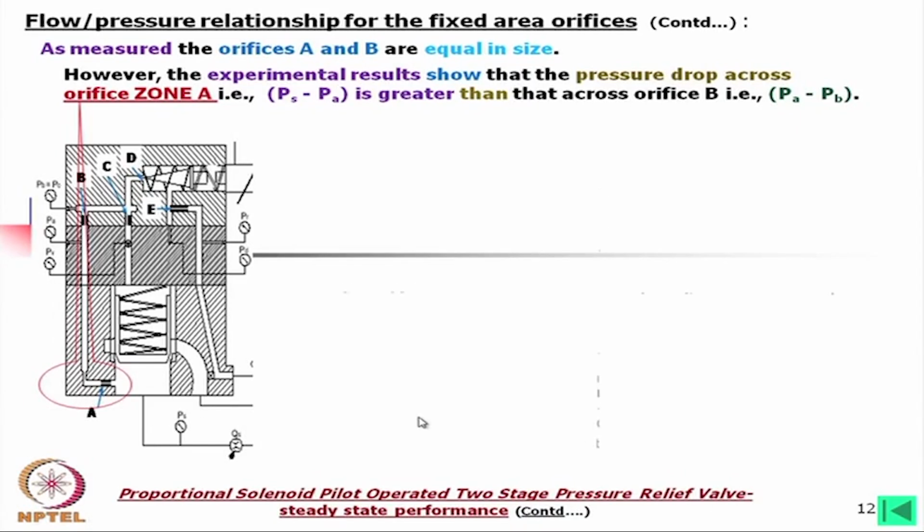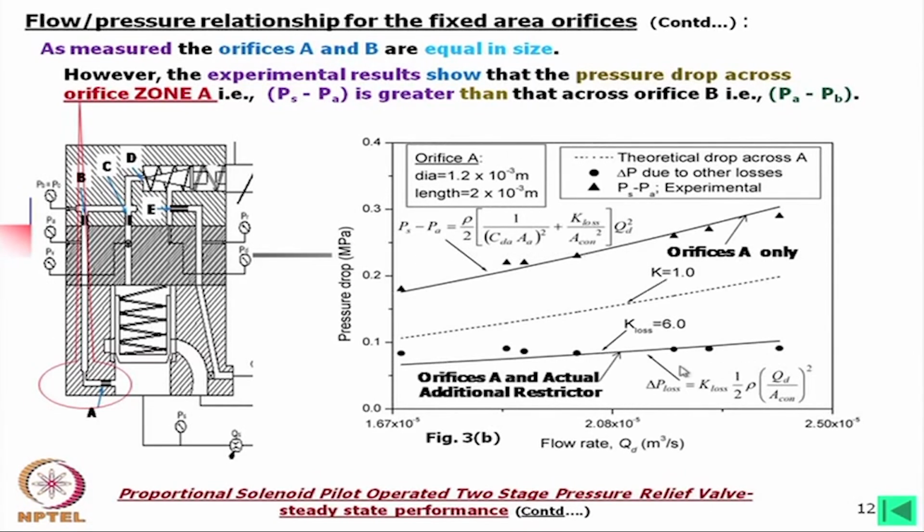Now, if we look into the orifice A, this is the characteristics of the orifice A, or rather we should say orifice A zone. Whereas, if we put K equal to 1, which is for orifice B, its characteristics was something like this.